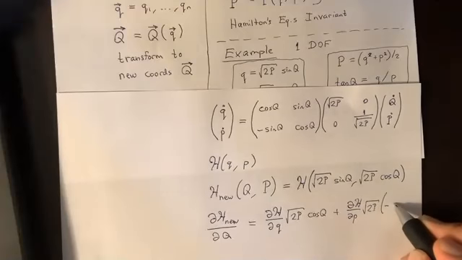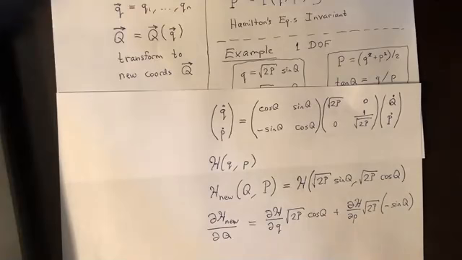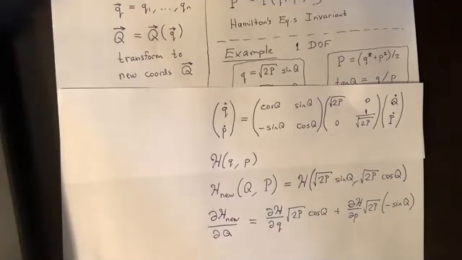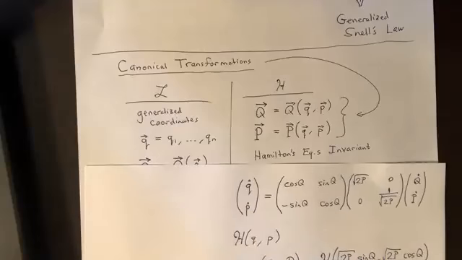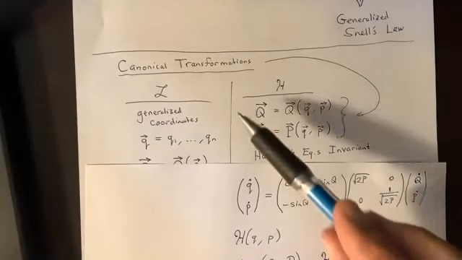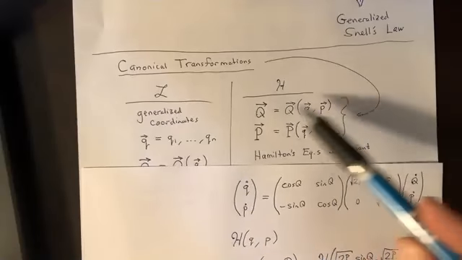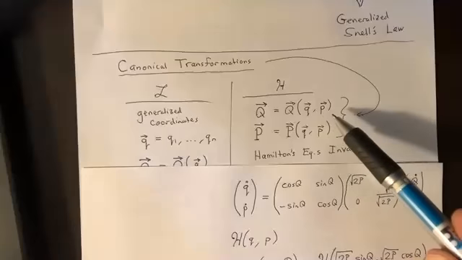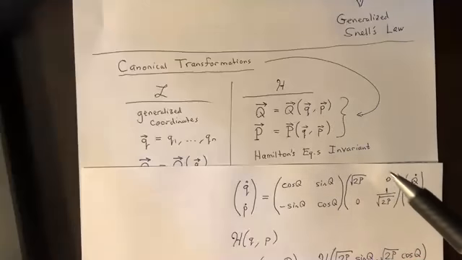That's going to give us a minus sine. Okay, so you see where this is going. We have some more derivatives that we need to compute. Okay. But the crucial thing here to take away is that we're working in a much bigger space. We have canonical transformations, a huge class of functions of this form, and they preserve Hamilton's equations.